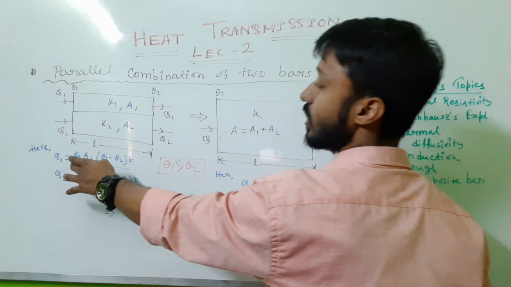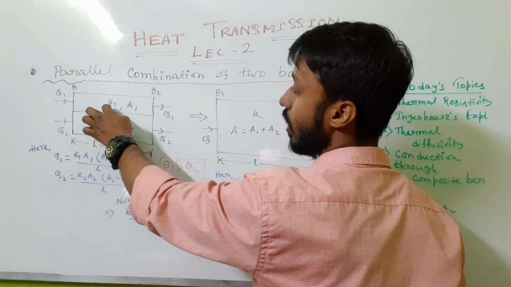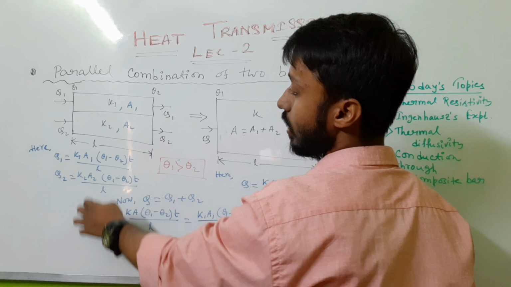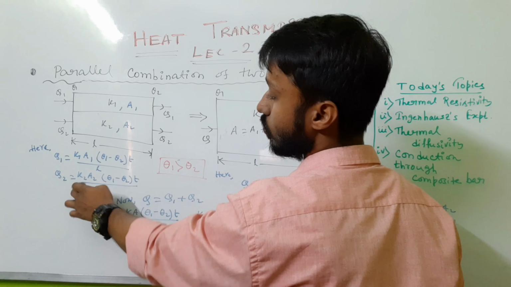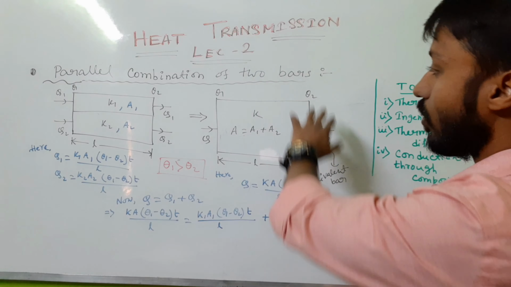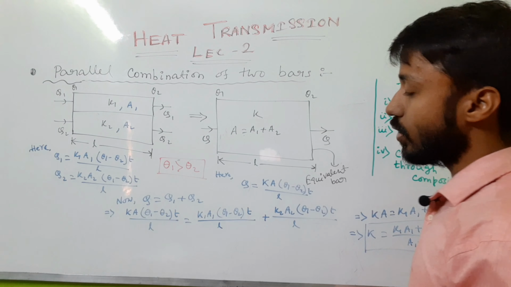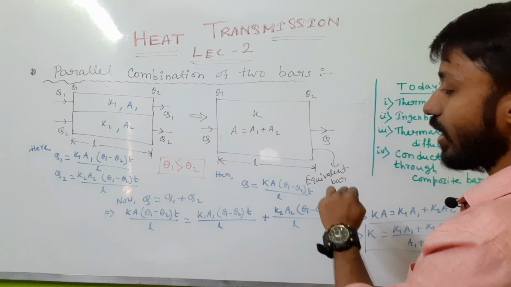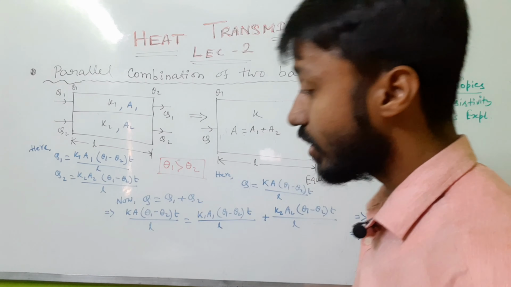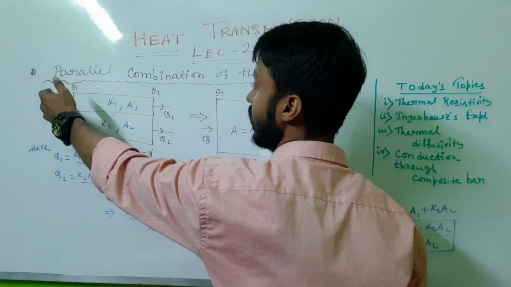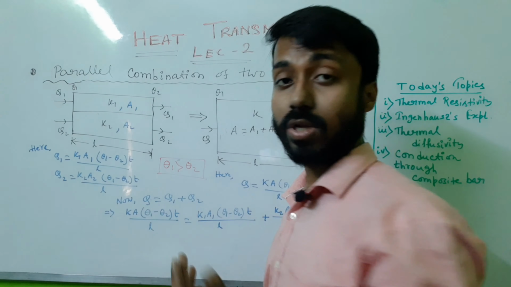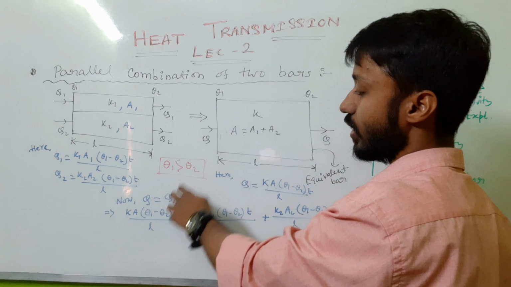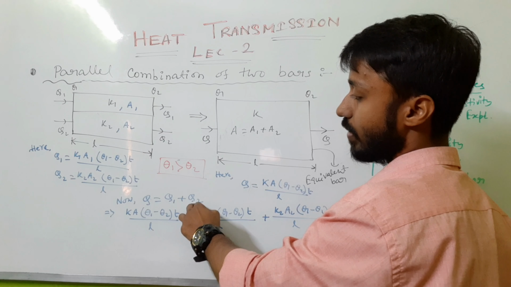So Q1 can be written as, for this slab, K1 A1 temperature difference into time by length L, and simply for this one Q2 will be this one. For this equivalent slab, we can write this formula, K A temperature difference time by length. Here we will consider that the total amount of heat of these two surfaces, that is Q1 plus Q2, will be equal to Q. That's why we have written this, Q equals Q1 plus Q2.